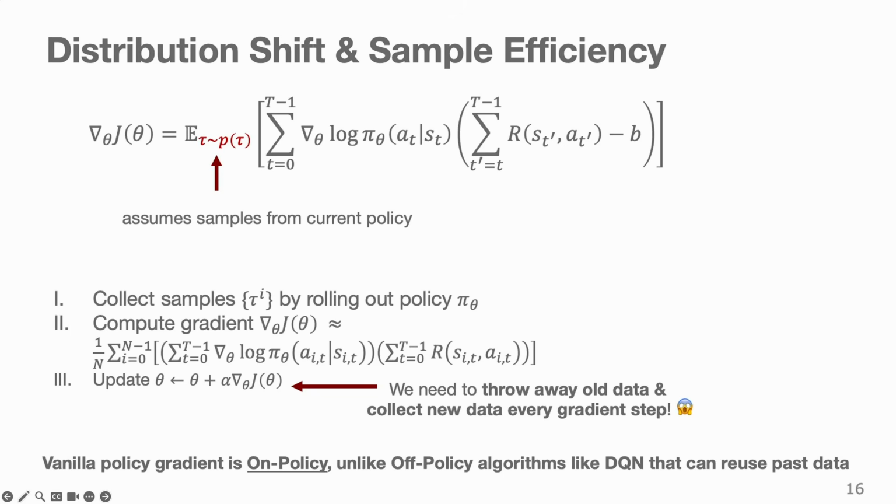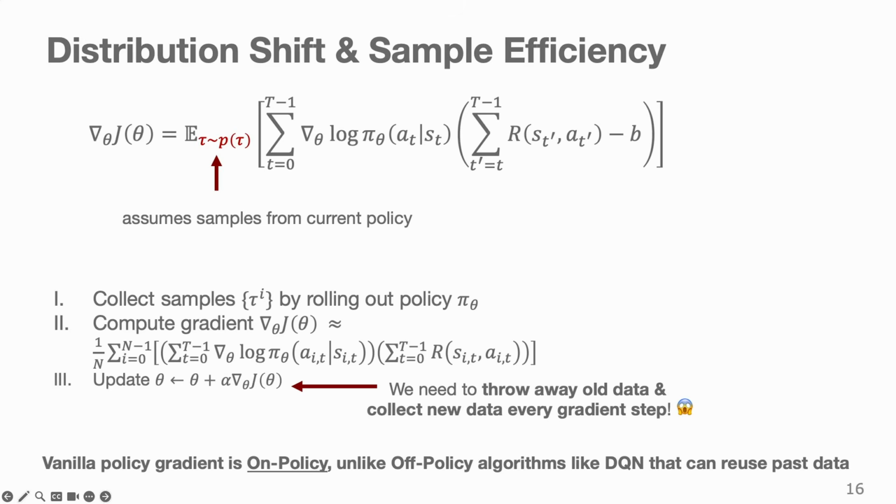Okay, so here's our latest and most refined policy gradient formulation on the top. And it has the causality and the baselines, but it still has one practical issue that we mentioned in the first REINFORCE algorithm slide, right? That the trajectories are only valid if they are collected by the current policy.